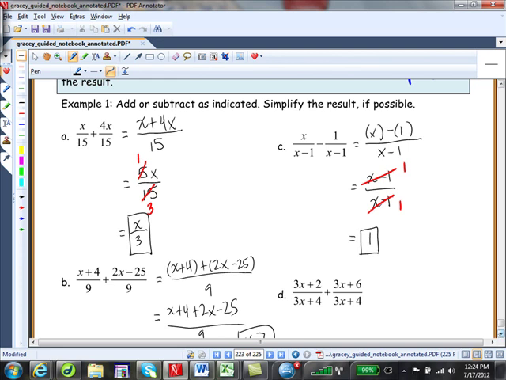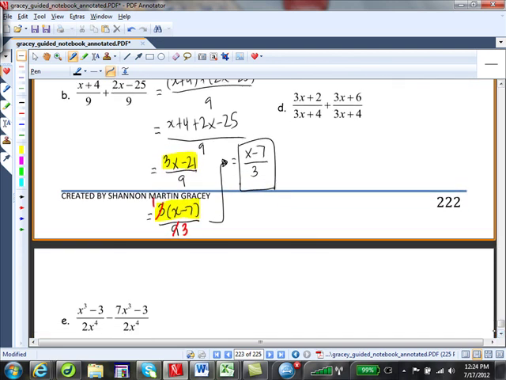All right, part D. We have a common denominator of 3x plus 4, so we're going to put that down right away. And then we're going to be adding 3x plus 2, and then plus 3x plus 6. Well, we don't need those parentheses, so I'll rewrite it like this.